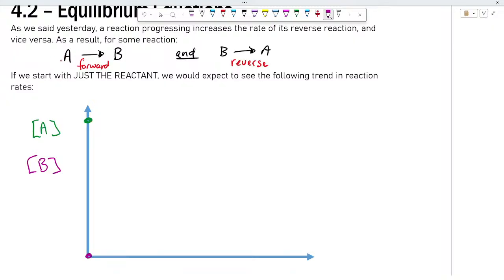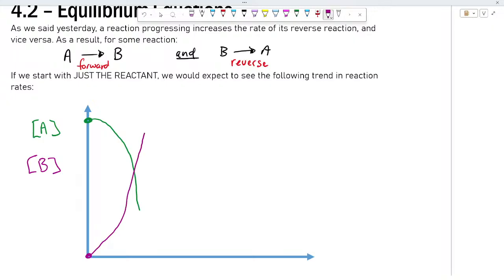A isn't a reaction, it's a reactant in this case. But the forward reaction, which means that we're going to use up A, and while we're using up A, we're going to produce more of B.